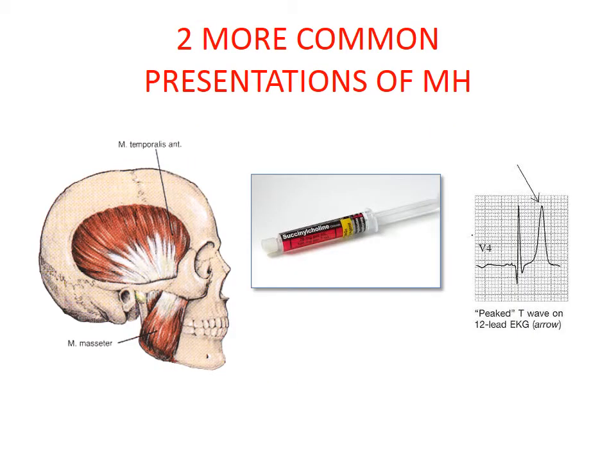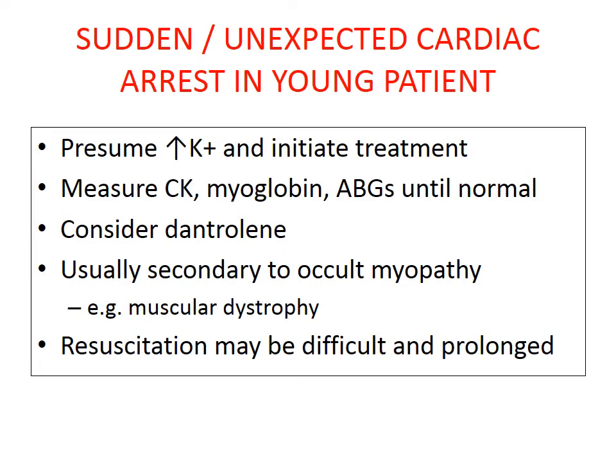Okay, 2 more common presentations of MH. I have some pictures here of the masseter muscle as well as peaked T waves, just to give a prelude to what we'll be discussing. This again is taken from our MH Society. Sudden, unexpected cardiac arrest in a young patient should be a clue that malignant hyperthermia is possible as a cause.